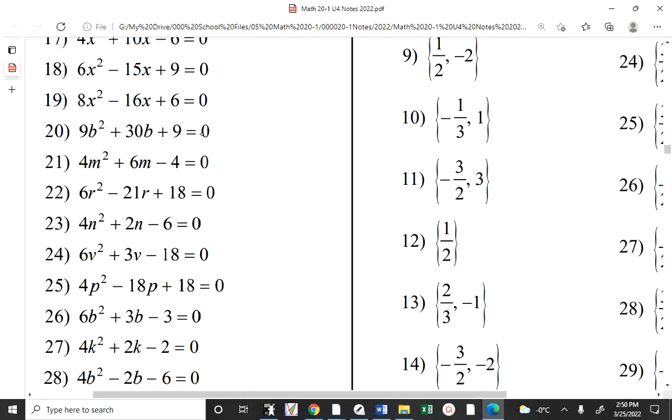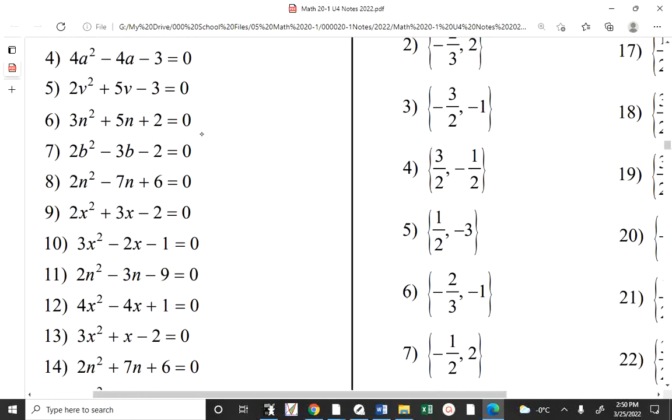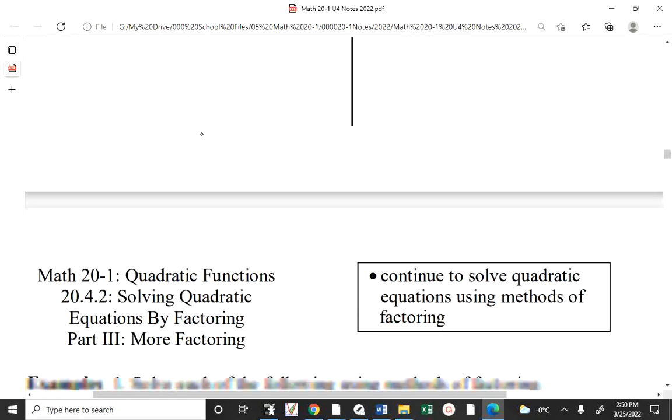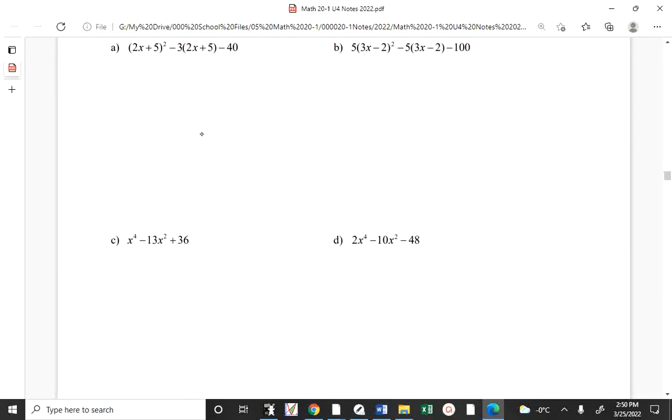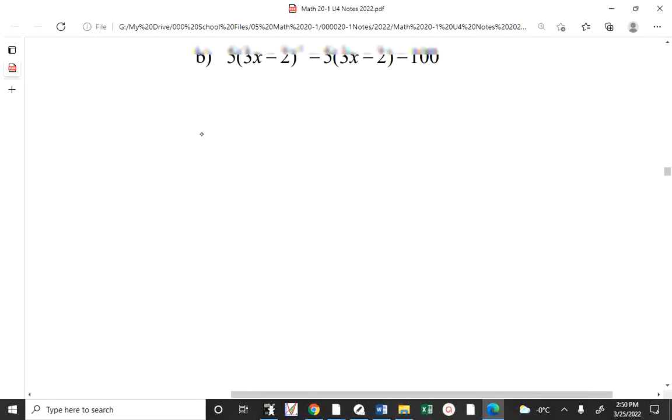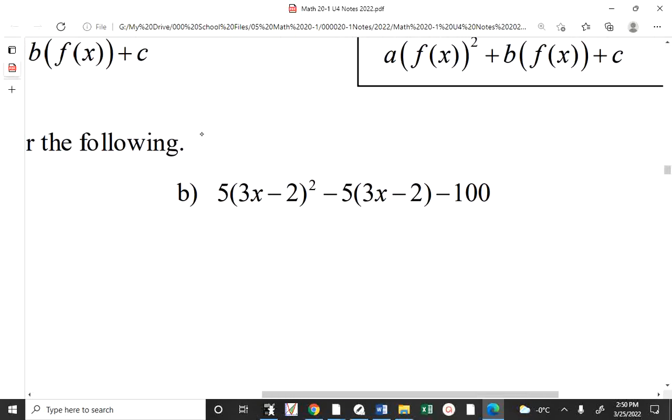By the way, you can't factor out the common factor because there isn't a common factor. All of this stuff, look at this. You're going to have to know how to factor that.